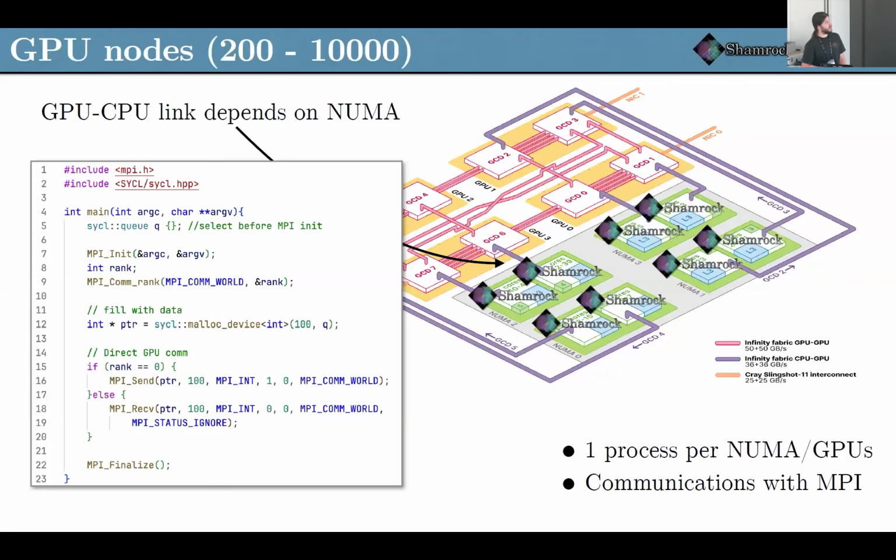To actually do the communication, there is quite an advantage with SYCL: since we are using just pointers, we can use standard MPI. Here, for example, you have a node from the LUMI supercomputer. On that node, you have the CPU part here, and here all the GCDs, which you can think of as the GPUs. Everything is interconnected using quite fast links. And more importantly, you have actual network cards that are directly attached to the GPUs.